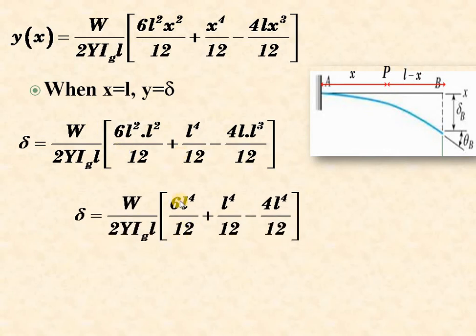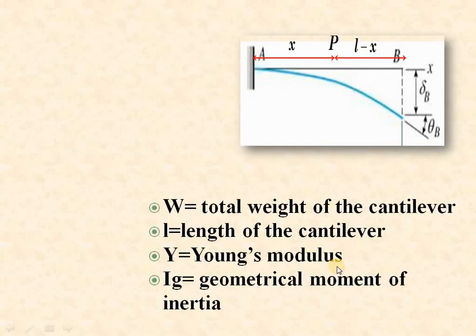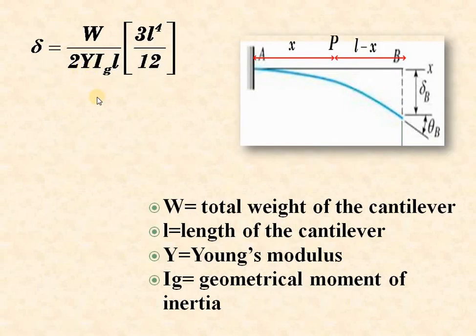We have 6L raised to 4 by 12 plus L raised to 4 by 12 minus 4L raised to 4 by 12. Now simply you can add, because 6 plus 1 is 7, minus 4 is equal to 3. So 3L raised to 4 by 12 you will be getting, and 3 and 12 can cancel, and when you rearrange you will be getting delta is equal to WL cube by 8YI.